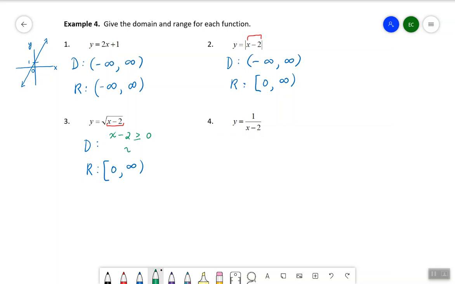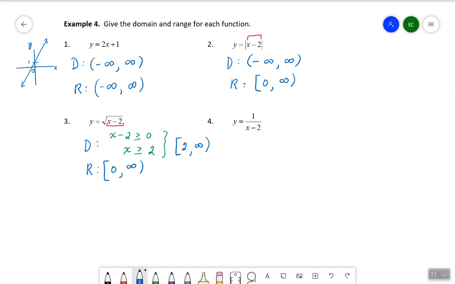And so when we solve it, we add 2 to both sides, and we say x is greater than or equal to 2. And so the domain is from 2 to infinity. If we put in a number that's less than 2, then the y value is not a real number anymore.